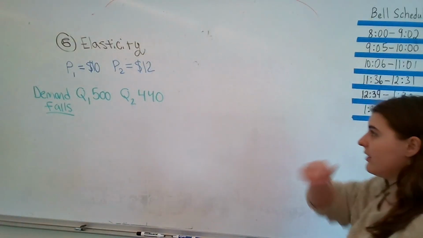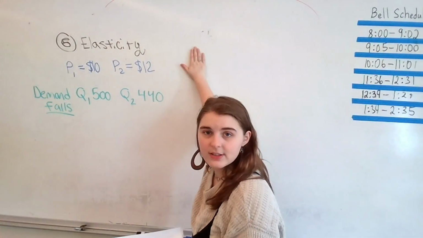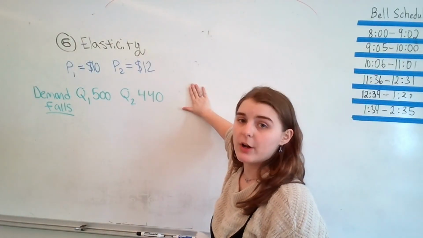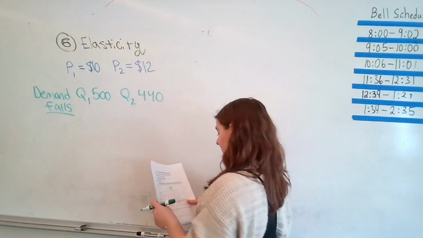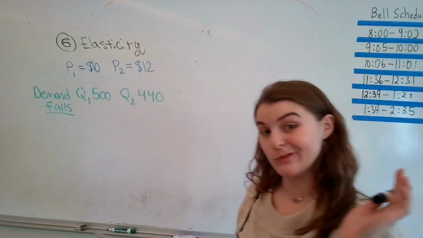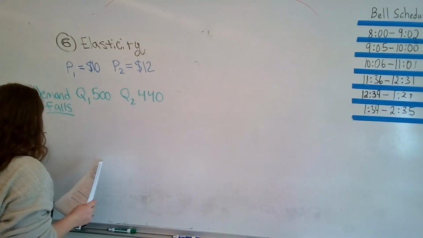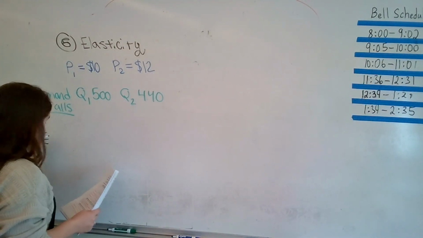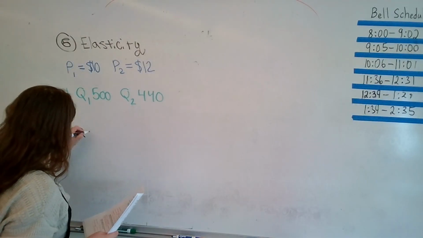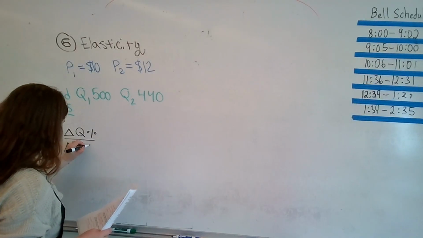All right, demand falls. We want to see what the change in price did to the change in demand, and that's going to measure how responsive people were. For that, we have to use our elasticity or midpoint formula. It looks a little bit like this. Elasticity measures the percent change in quantity over the percent change in price.